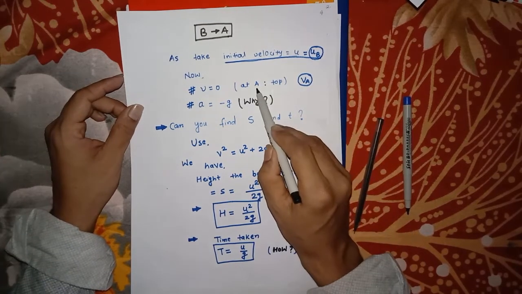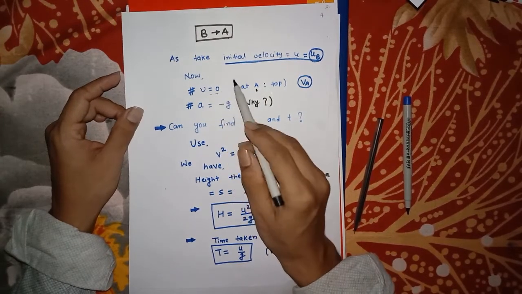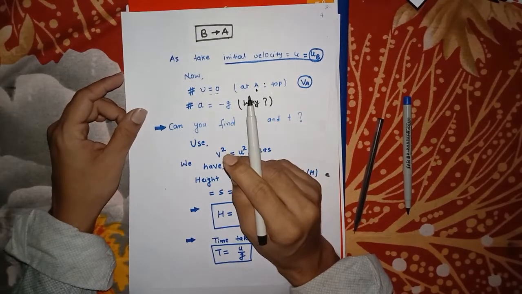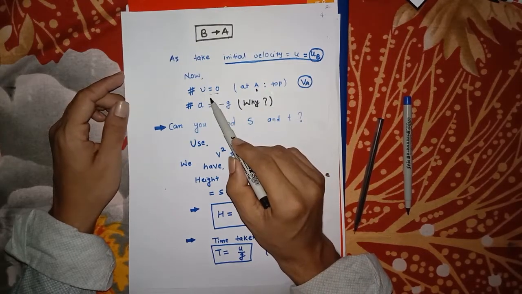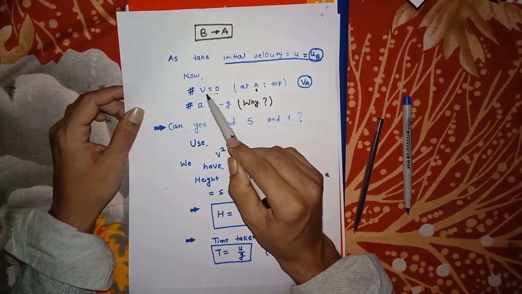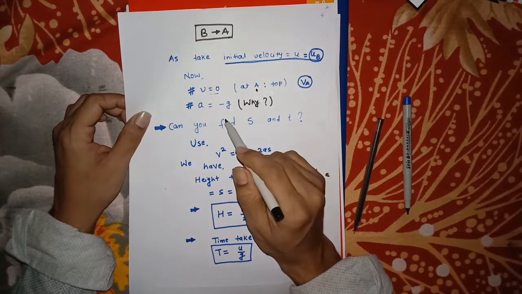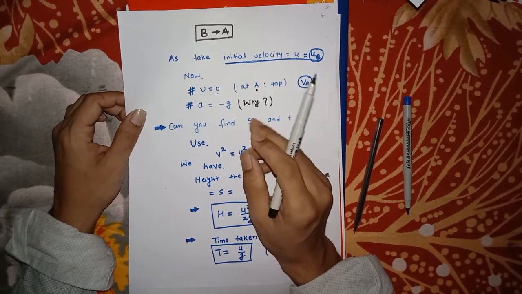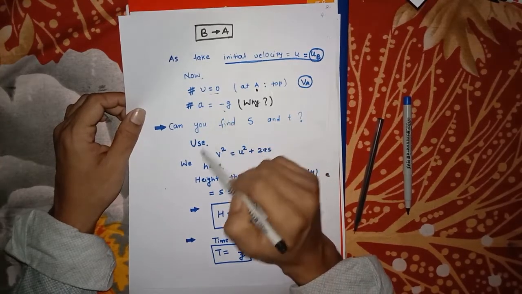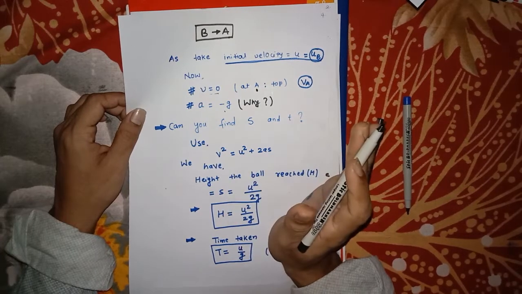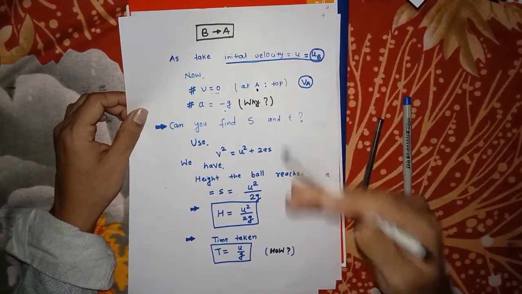And at the top, the velocity or speed becomes 0 because acceleration is towards the earth but motion is towards the sky. That's why speed decreases, and at a point speed ceases completely. In this motion we can say this is deceleration because the direction of acceleration is not in the direction of motion. That's why we can say a is equal to minus g. Have you got my point? So can you find in this situation from B to A what is the S and what is the time taken to reach the topmost point?